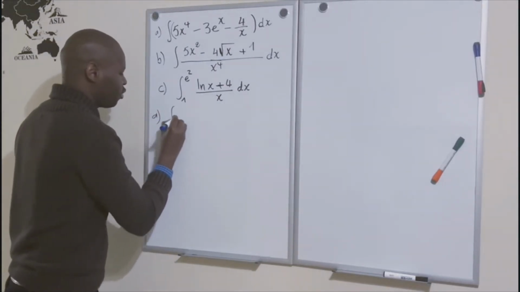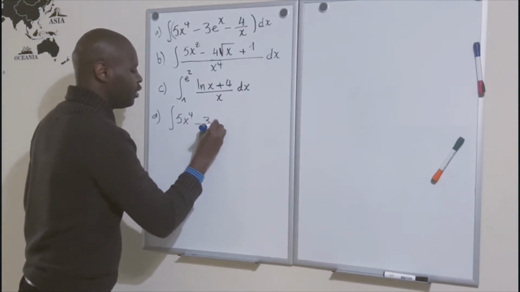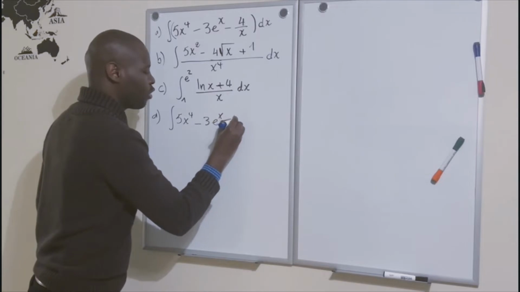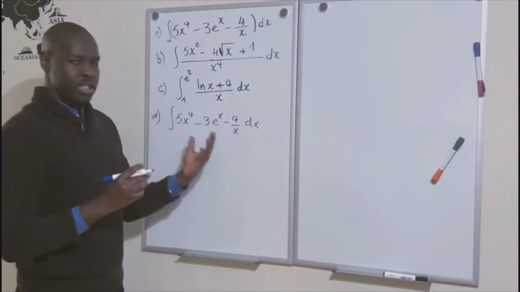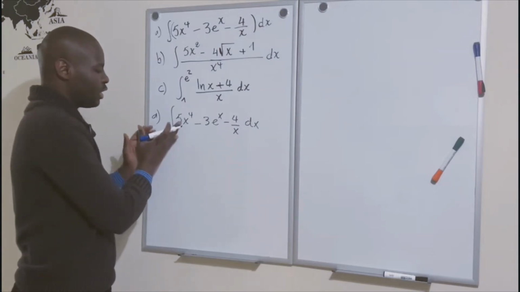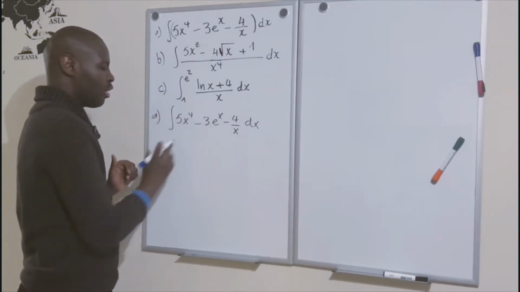a, we have the integral of 5x to the power 4 minus 3e^x minus 4 over x dx. In order to integrate this, we have to integrate each element by itself.